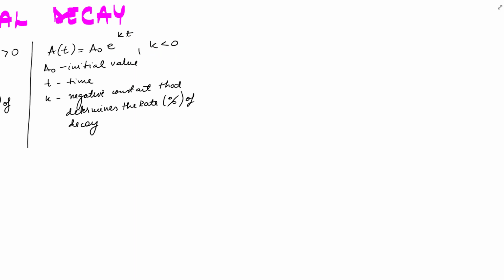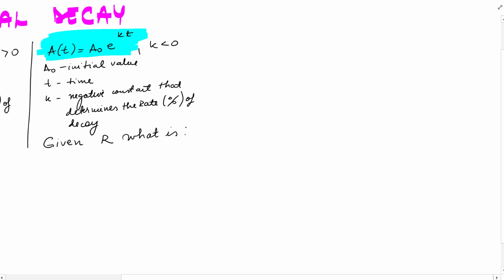Now let's take a look at exponential decay. Let's say we have the function A of t equals A naught e to the kt. That's the function we start with, where A naught is the initial value, t is the time, and k is a negative constant that determines the rate percentage of decay. My question is, if r, the percent of decay, is given, then what is k?